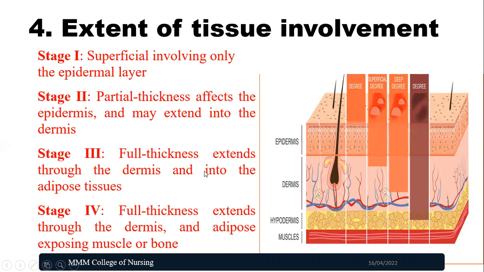Stage 3 wounds are full thickness wounds, which extend through the dermis and into the adipose tissue. Stage 4 is full thickness extending through the dermis and adipose tissue, and may expose the muscle or the bone. From this picture, you'll be able to identify the extent of tissue involvement in a wound.